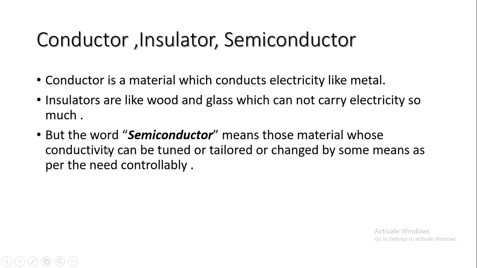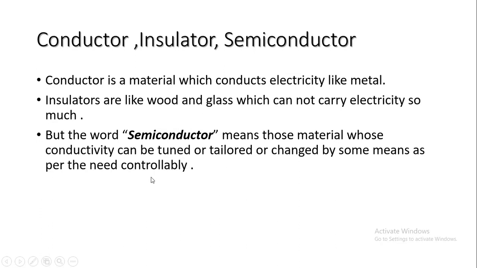If you have a doubt regarding conductivity, let me tell you, guys: resistance is the ratio of voltage and current, and from resistance you get the resistivity, and the reciprocal of resistivity is known as conductivity. But the word semiconductor means, let me repeat the definition, that its conductivity can be changed by some means.